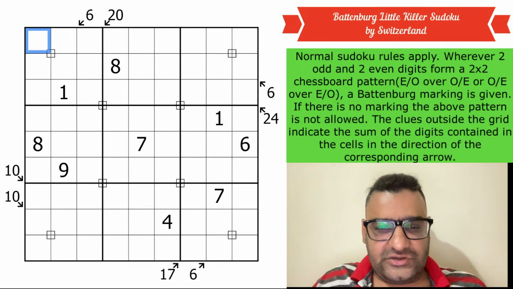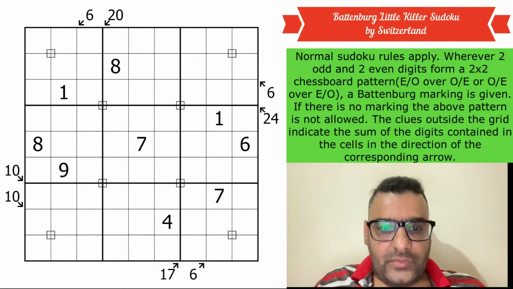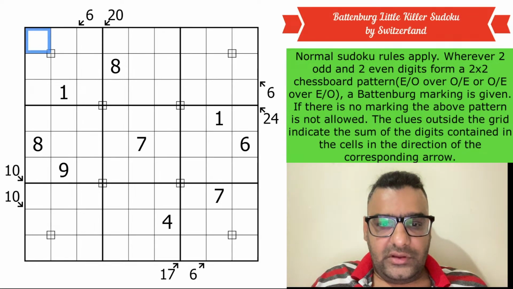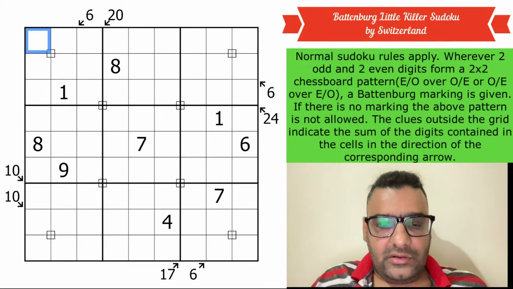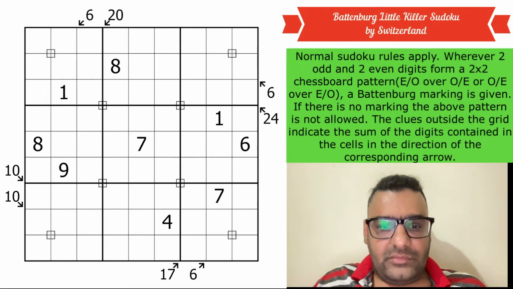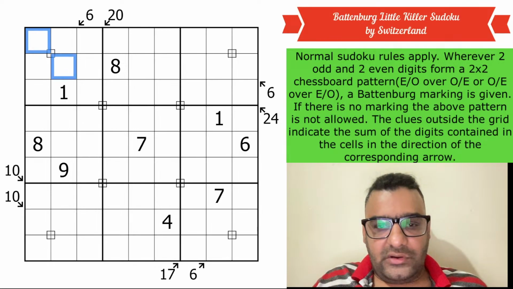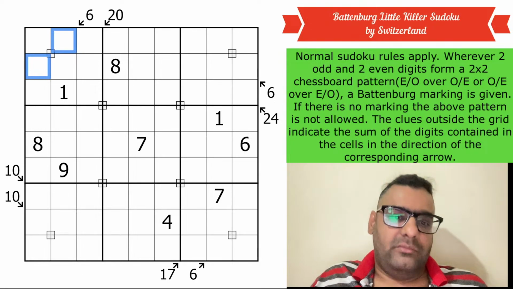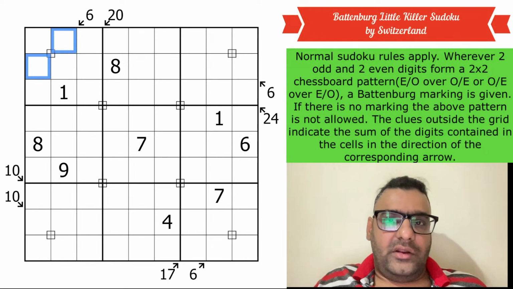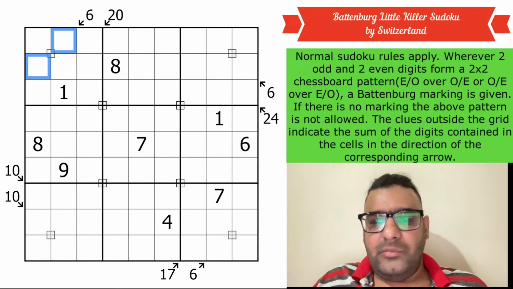first is this chessboard. For example, let's see this one. So it means the rules are this number and this number, if those are even, and if this number and this number are odd, then it is called Battenberg.